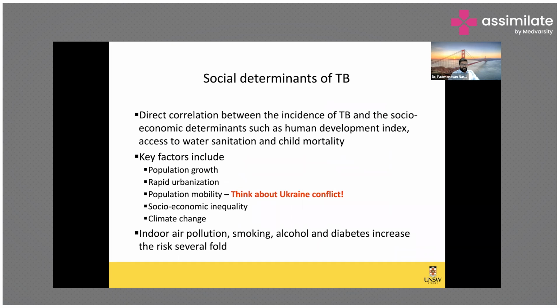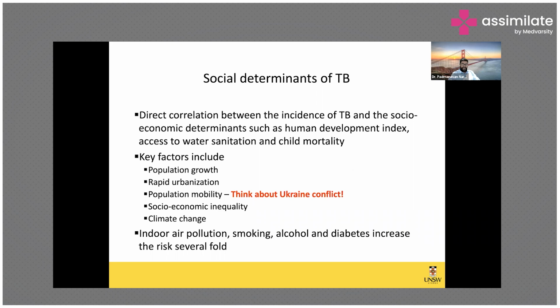So another thing from a public health perspective, we have to understand is that diseases are not just a medical problem, it's a social problem. And I think we all know that as health professionals, social determinants play a major role, whether it's environment or your financial status, all of that socioeconomic factors, all are very important.